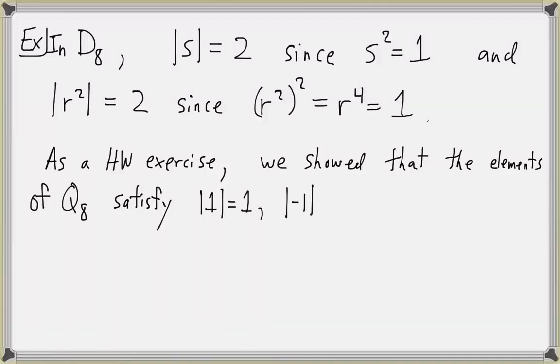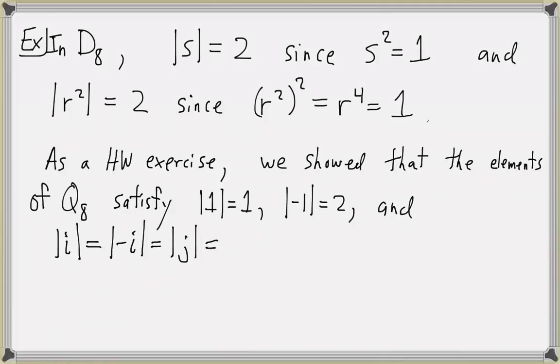The element -1 has order 2, since -1 squared is 1. And then all of the other 6 elements of Q8 actually have order 4. So the order of i equals the order of -i, which equals the order of j, which equals the order of -j, which equals the order of k, which equals the order of -k, and they all equal 4.